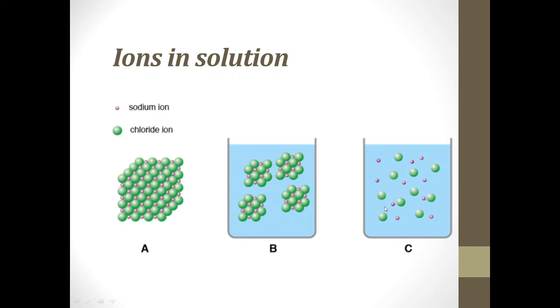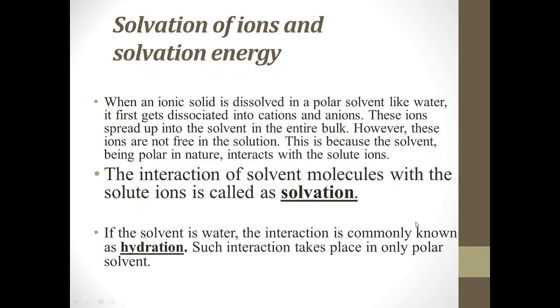Because of the polar nature of the solvent, water, they cannot remain as free ions in the solution, and there is some interaction between the solvent and the solute ions.